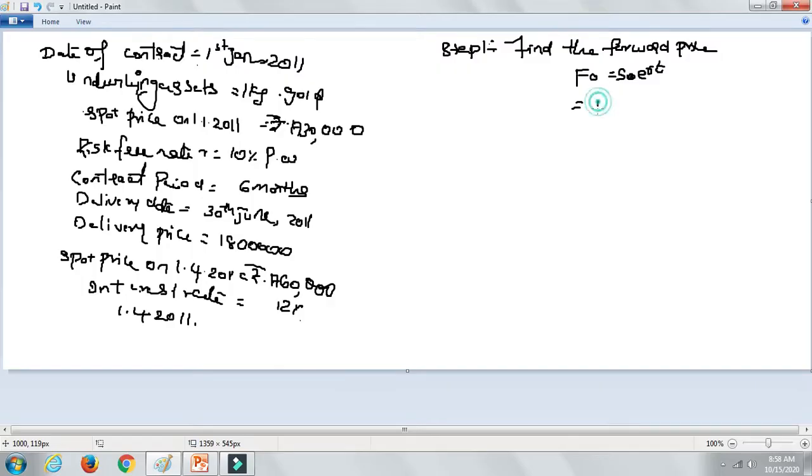So we are going to use 1st April's current price, 17,60,000, into e power. What is the interest rate on that particular date? 12%.